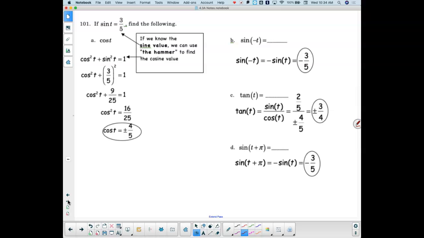So if you're given one of the trig functions, you're given all of the trig functions, because you can figure them out.